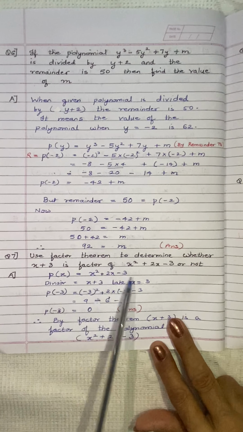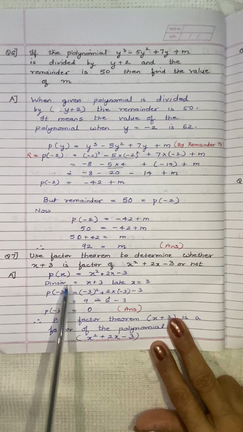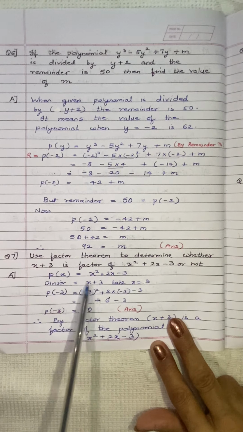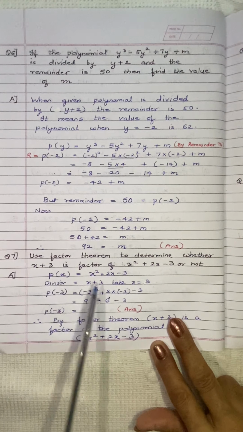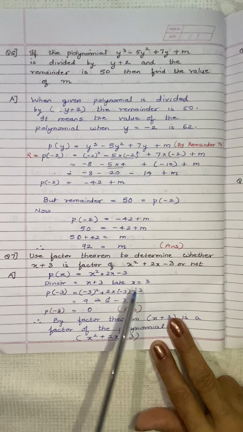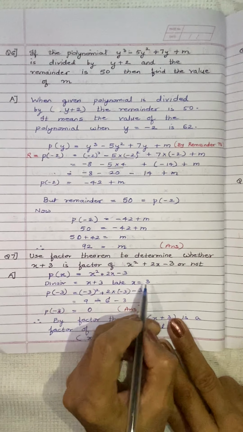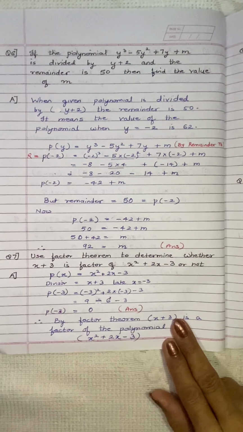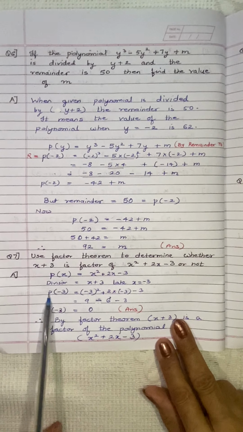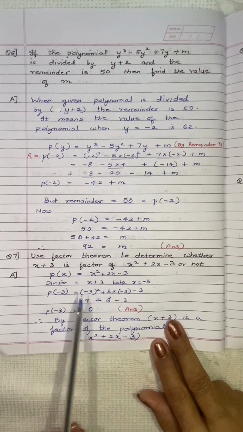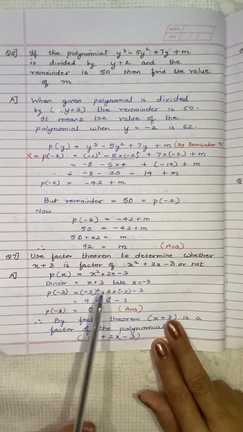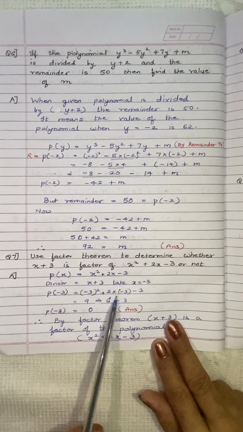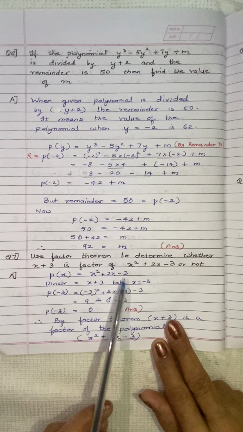So p(x) is equal to this, the divisor is this, taking this as negative 3, we will take p(-3) is equal to, we put the values of negative 3 here: negative 3 square plus 2 into negative 3 minus 3.